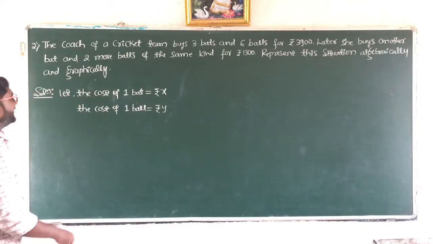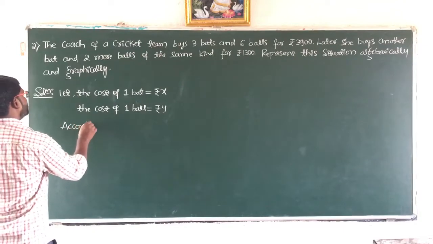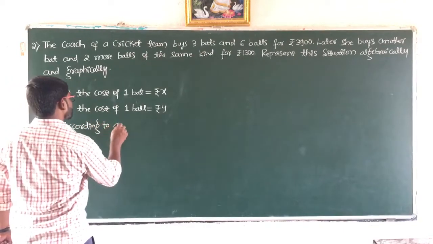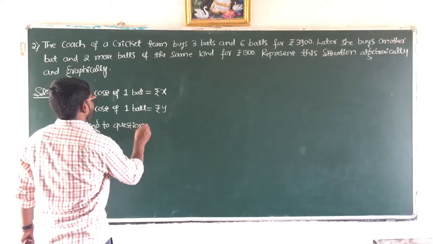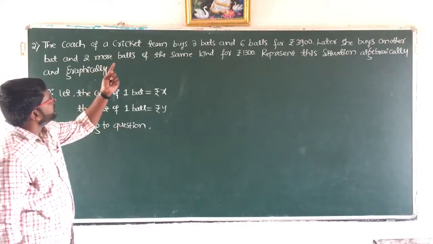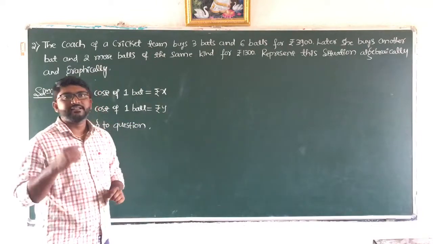So now according to the question, let us go for the first case now. The coach buys 3 bats and 6 balls for 3,900 rupees.